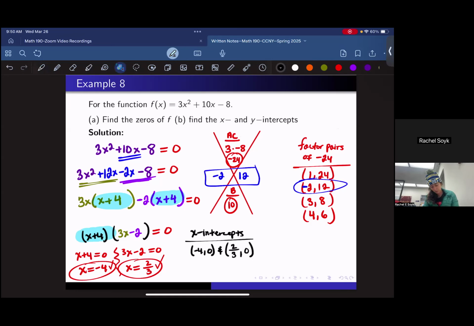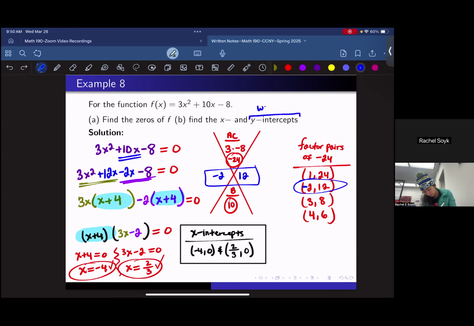But then we're also asked to find our y-intercept, but the y-intercept is quite straightforward because what's the definition of a y-intercept? It's just when x equals 0. So wherever you see an x, you're going to plug in 0, and you'll just be left with your constant, which is negative 8.